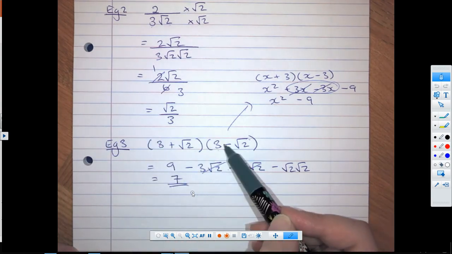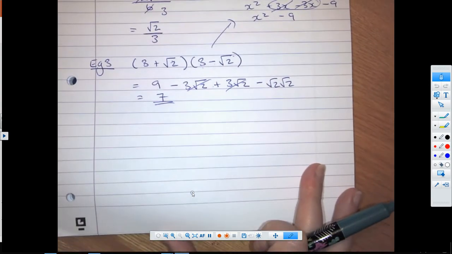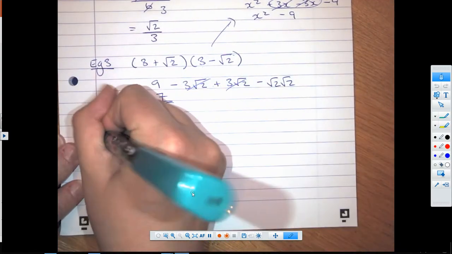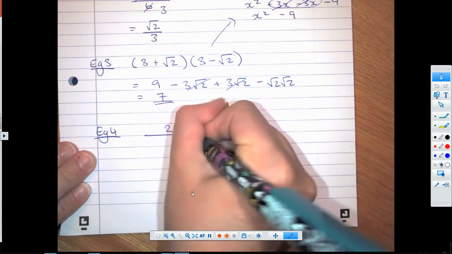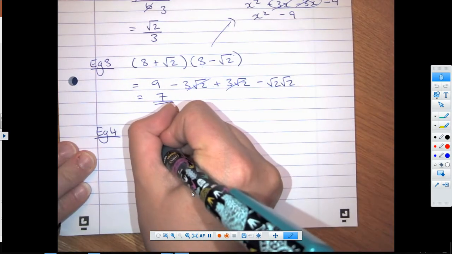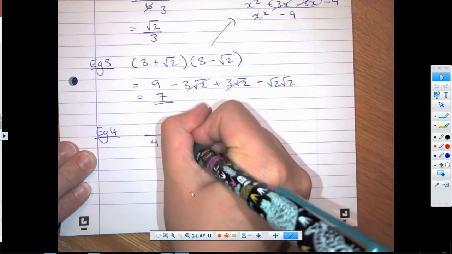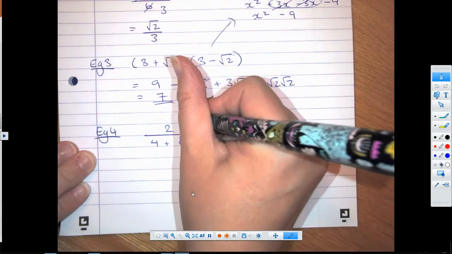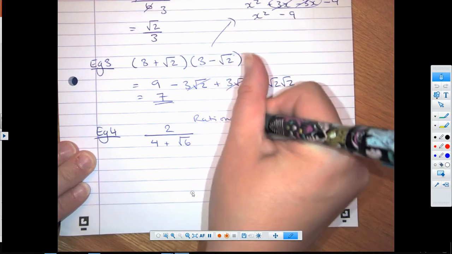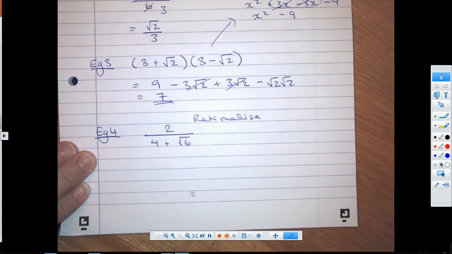So let's take this and actually turn it into a rationalization question. So example 4 now, we're going to have 2 over, let's say 4 plus root 6. And I need to rationalize that. So the question would actually ask me to rationalize the denominator.